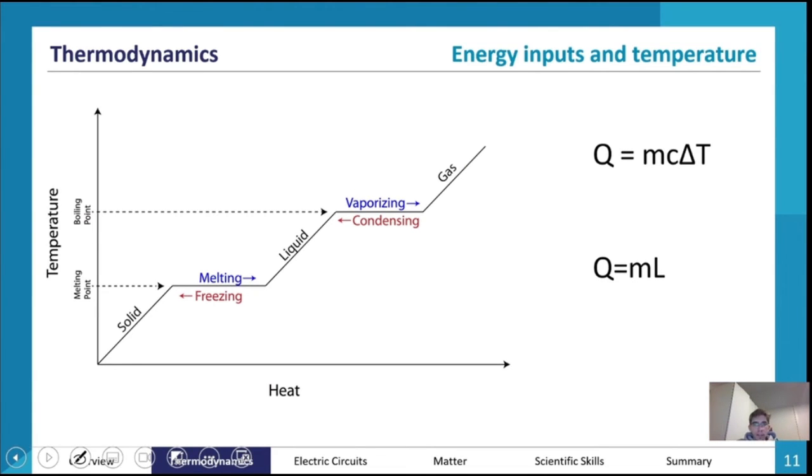Keep in mind that this example makes a lot of sense if you think about having water in a pot and then you have fire underneath it.